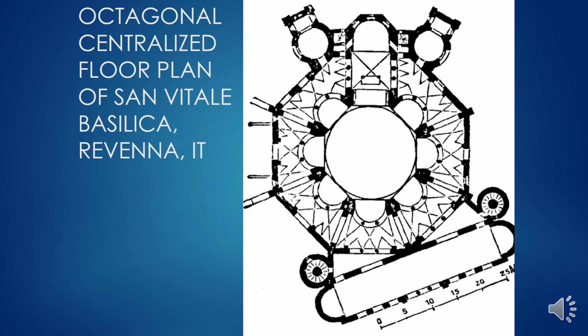San Vitale has an octagonal floor plan, and the octagon in Christian symbolism is meant to represent the 6 days of creation, the day God rested, and the 8th day of resurrection, basically through baptism. So we'll often see baptistries, places where people go to get baptized, done with these octagon shapes. And then notice all the apses set around that central circular portion of the sanctuary.